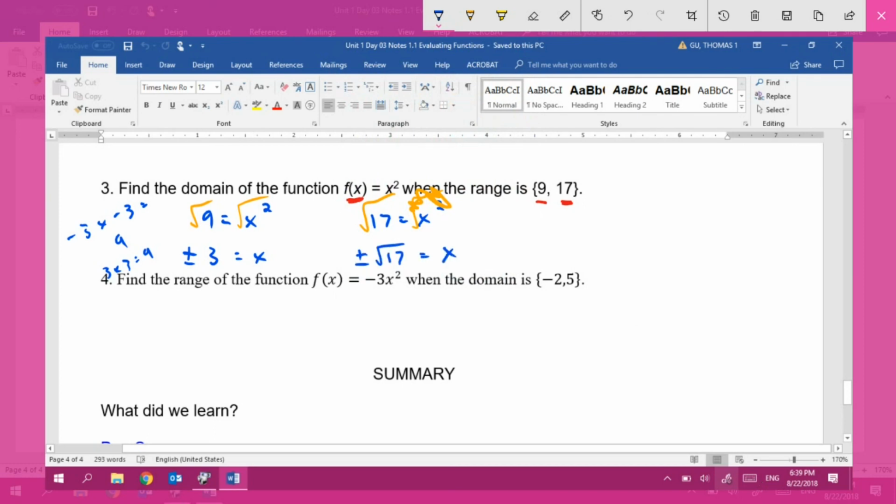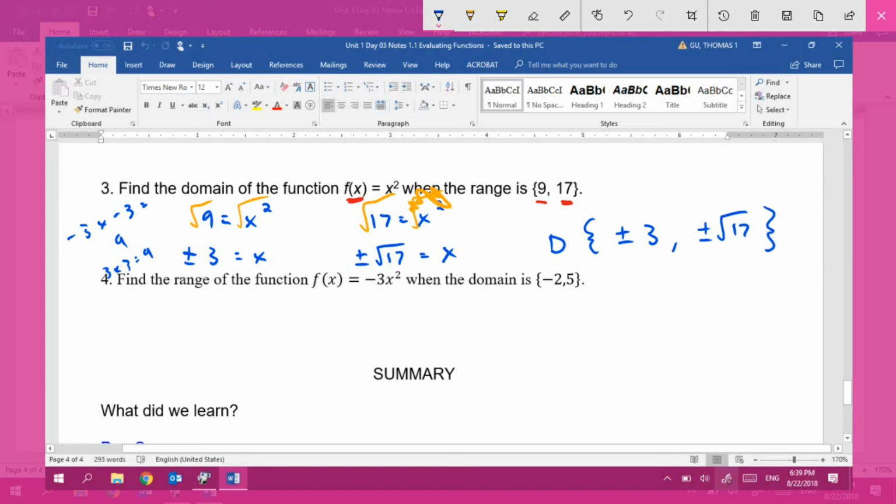See, 17 is already prime, so we can't actually find an answer for that. So we are just going to put the square root of 17 and then put the plus and minus in front of it. And so that means my domain now, what is my domain? It's going to be the set of plus and minus 3, comma, plus and minus the square root of 17, and that is my domain.